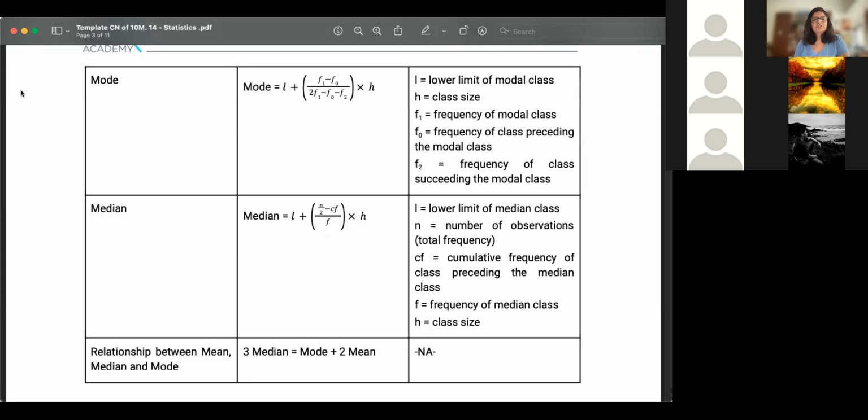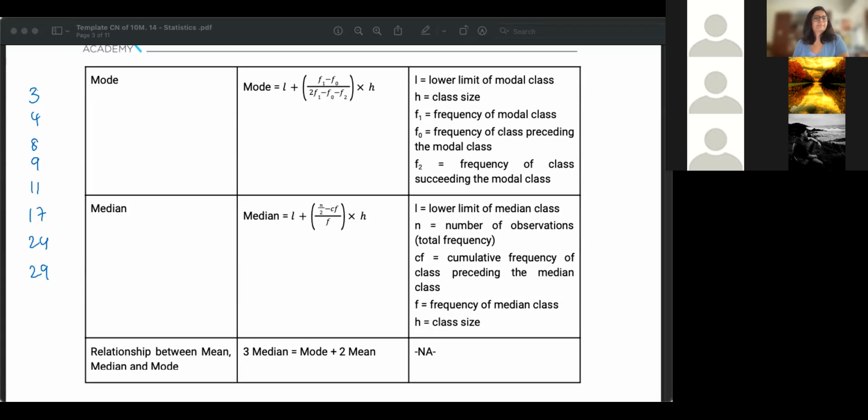Yeah. So first, if I have a set of values, one advantage you have with group distribution is वो हमेशा ascending order में ही है. So if I give you random values like 3, 4, 8, 9, 11, 17, 24, 29.